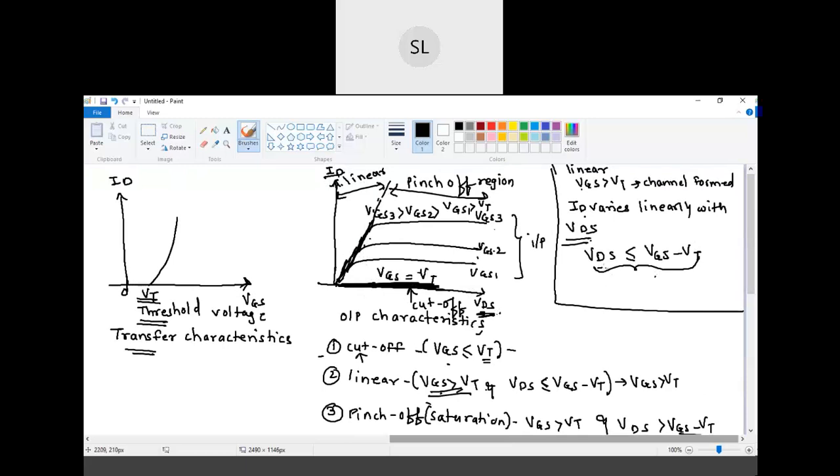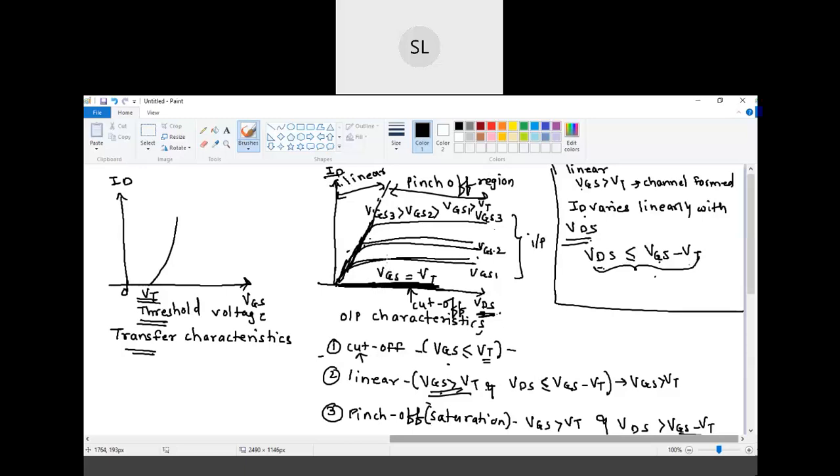Once this VDS exceeds this limit, VGS minus VT, this ID will stop increasing linearly; rather, it will remain constant because our gate voltage is constant. Why? Because gate voltage decides the number of carriers that will be accumulated below this oxide layer.